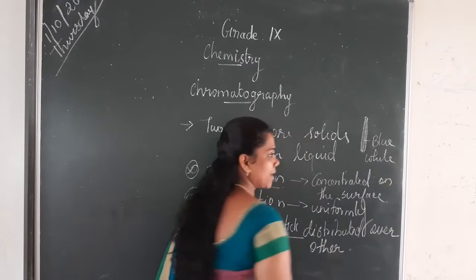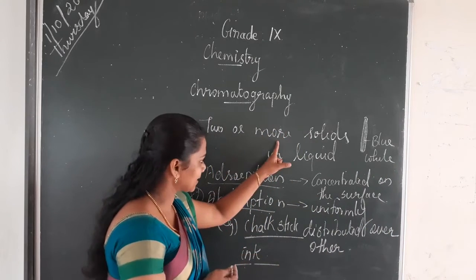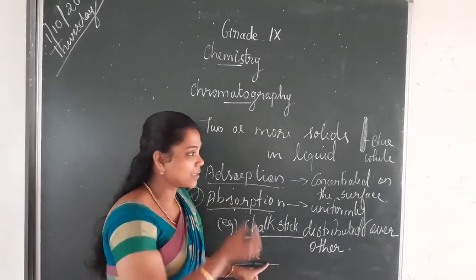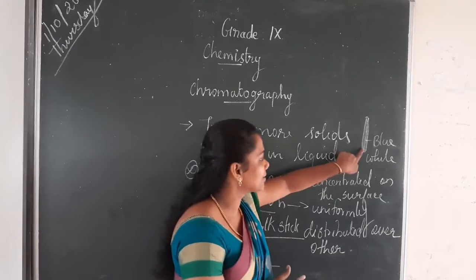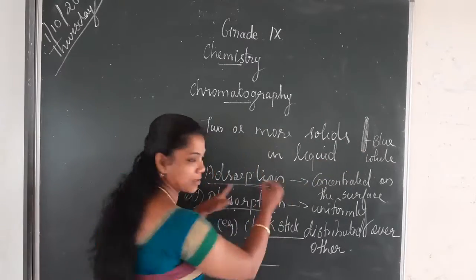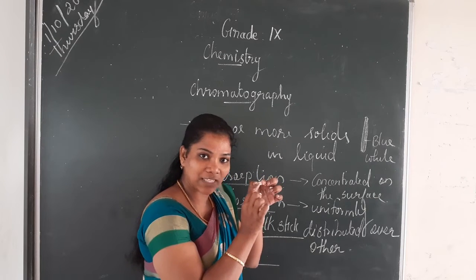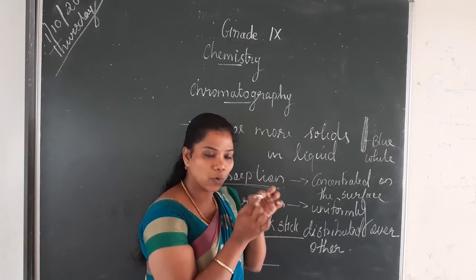White in color. Because all the components, that is, the solid substances present in the ink solvent, the color dyes present in the ink, only get adsorbed. That is, they are concentrated on the surface of the chalk piece. They never enter inside because of the pore size.